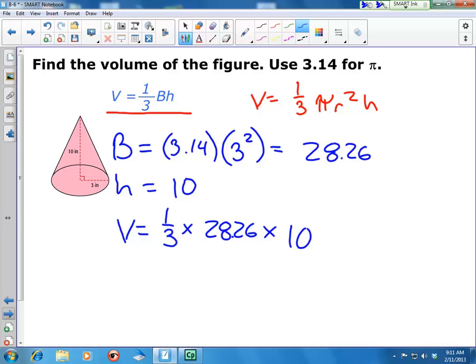When we multiplied 28.26 times 10, we got 282.6, divided by 3, or times 1/3, gives us what?